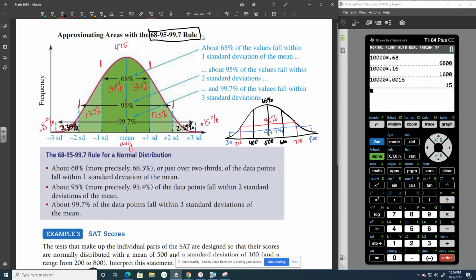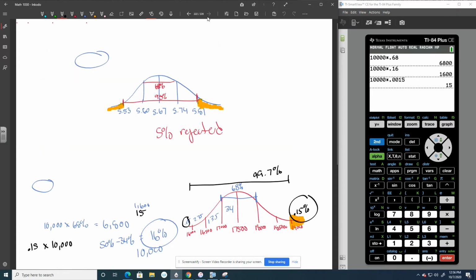So for example, the z-score for this right here is -1. You are -1 standard deviation away. -2 standard deviations away, all right? But there's a lot of in-betweens.